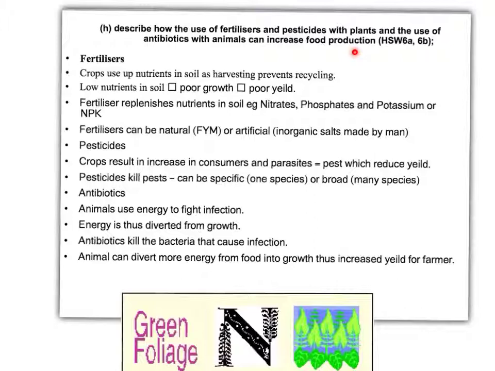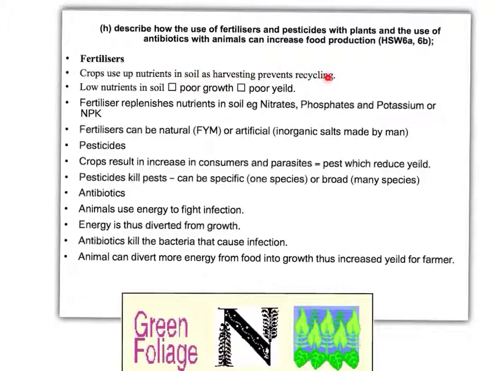Okay, so sticking with my efficiency of energy flow from sun to producer and from producer to consumer, one of the problems that we have with producing crops in fields is that we produce the crop, and so the sunlight energy is used to make food.